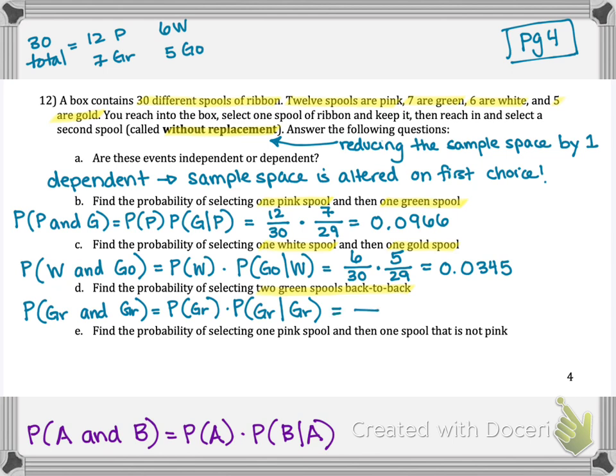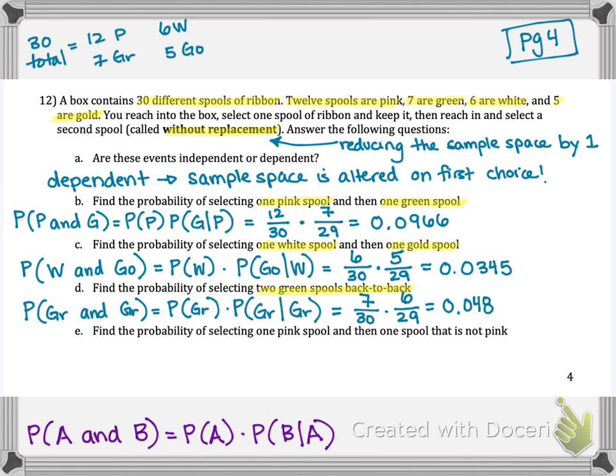This means, again, I still start with 30 and 29 as my denominators, but now that I have the same color back to back, what I keep has a direct impact on my second numerator. When I first reach in the box, there are 7 green spools. Then I take one and I keep it. So when I reach back in, there are only 6 green spools left.